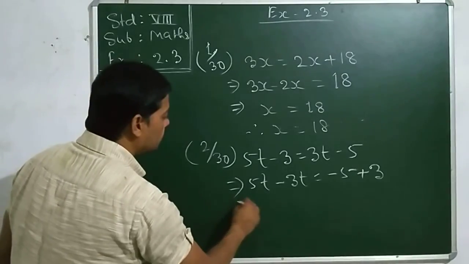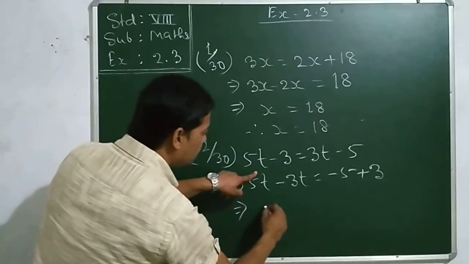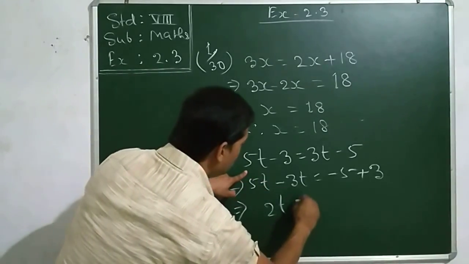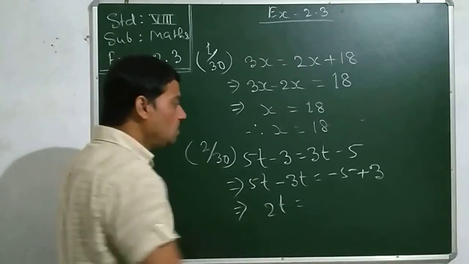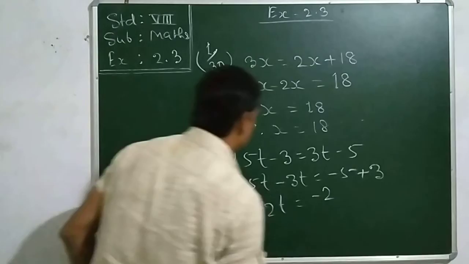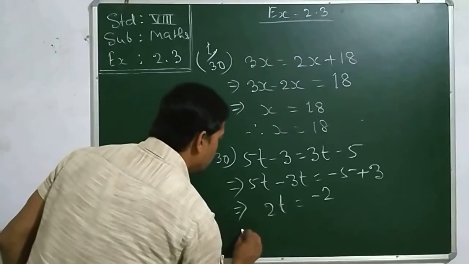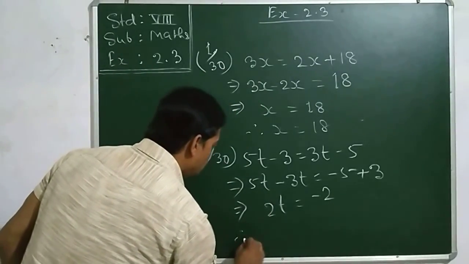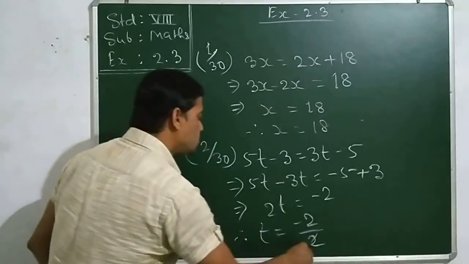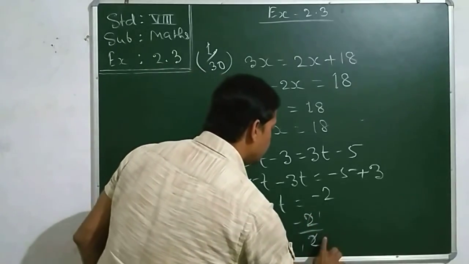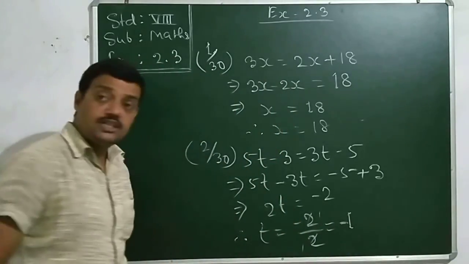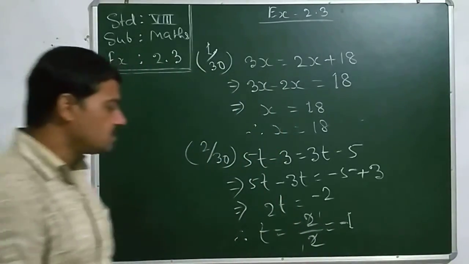Now 5t minus 3t is 2t, equal to minus 5 plus 3, here we got a negative number, that is minus 2. In the next step you can write, therefore t equal to minus 2 by 2. If you reduce it to the lowest term, you will get minus 1 by 1 equal to minus 1. In this way you can solve the remaining sums.